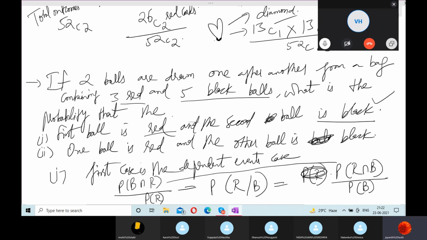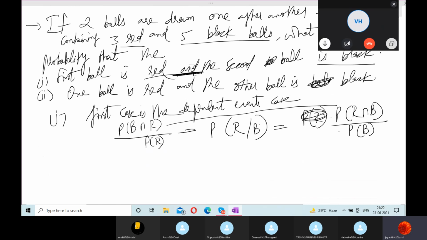So probability of B and R. Two balls are drawn from the bag containing 3 red and 5 black balls. Okay. So now what we will do is we will just cross multiply things here.